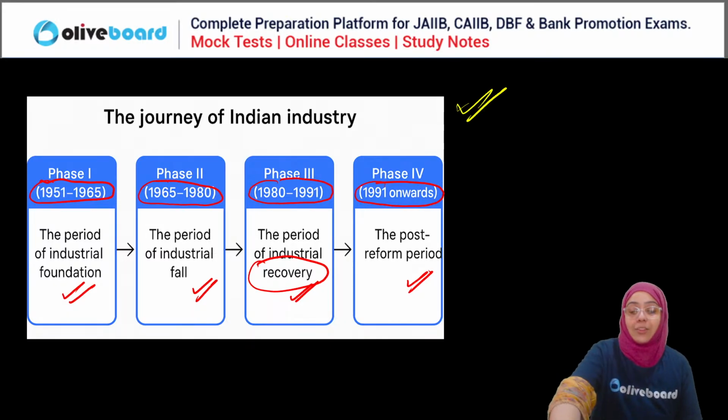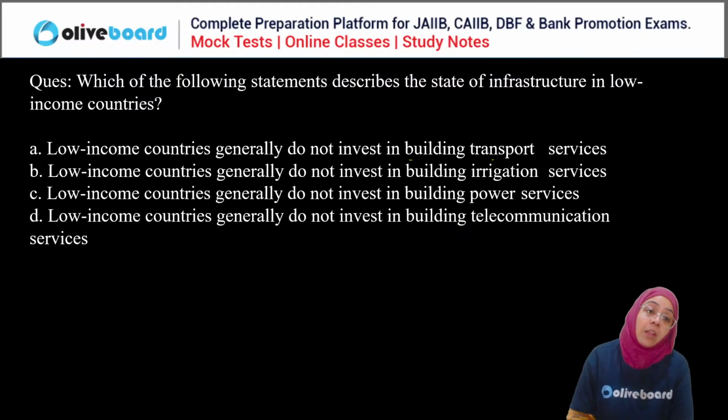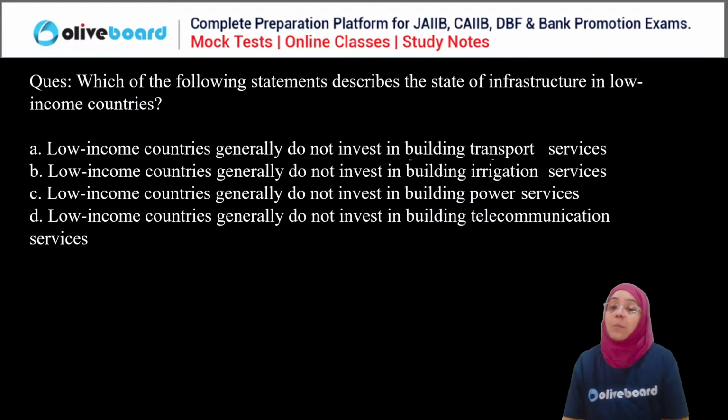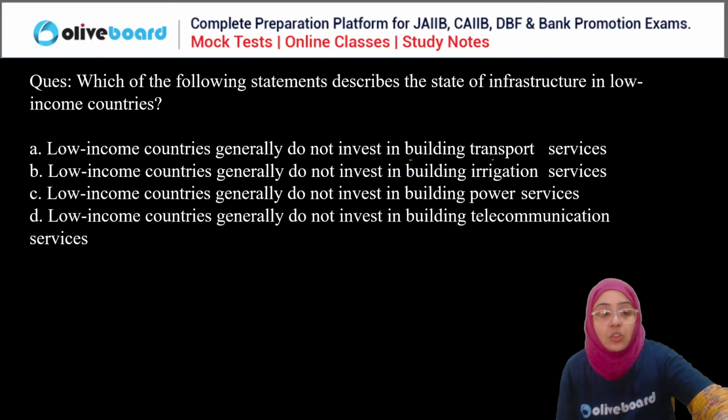Okay, now next question. Which of the following describes the state of infrastructure in a low income country? What do you find in a low income country? Low income countries generally do not invest in public transport services, irrigation, power services, or telecommunication services.